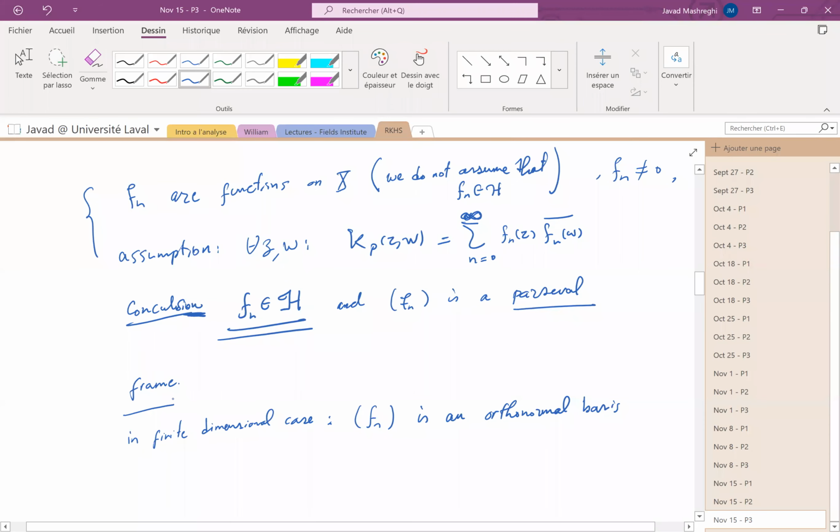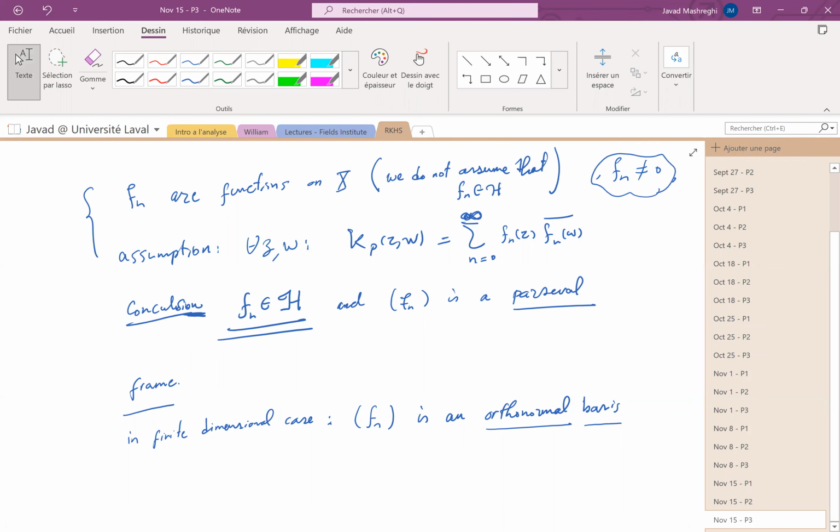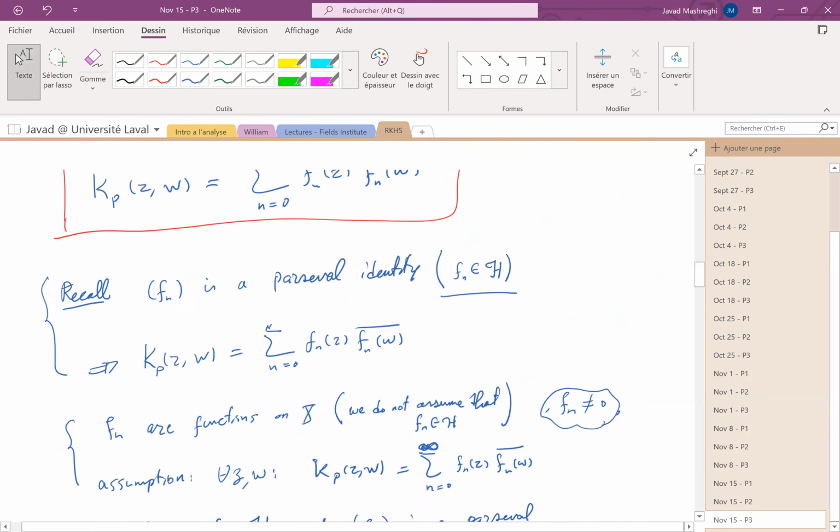In frames, elements can be dependent, so being zero is acceptable here. But if we want to end up with an orthonormal basis, we need to assume that they are not zero. So it's not a big assumption. This is needed here in the box formula.